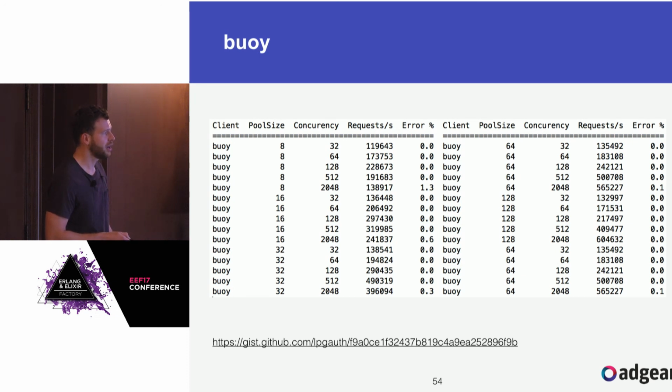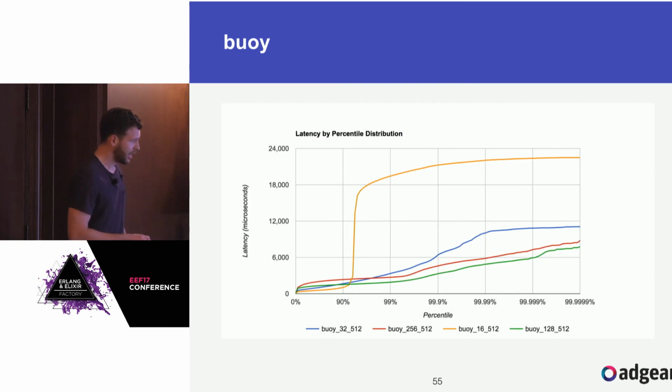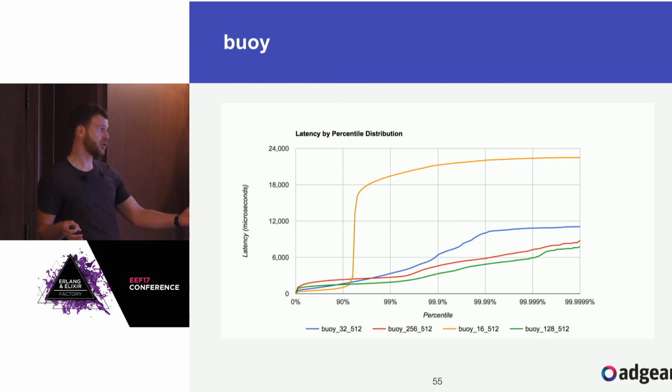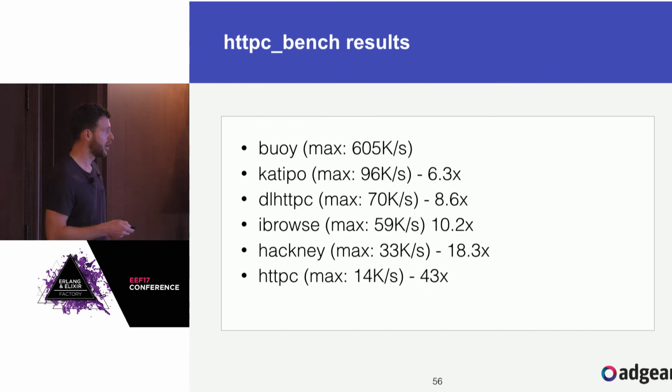You can see with a pool size of 128 and concurrency of 248, requests per second is 604 thousand a second, which you can see with this nice, pretty graph, where the second number is the pool size. Increasing the pool size usually makes the latency better because there are fewer requests in the queues, and therefore they can be answered quicker.